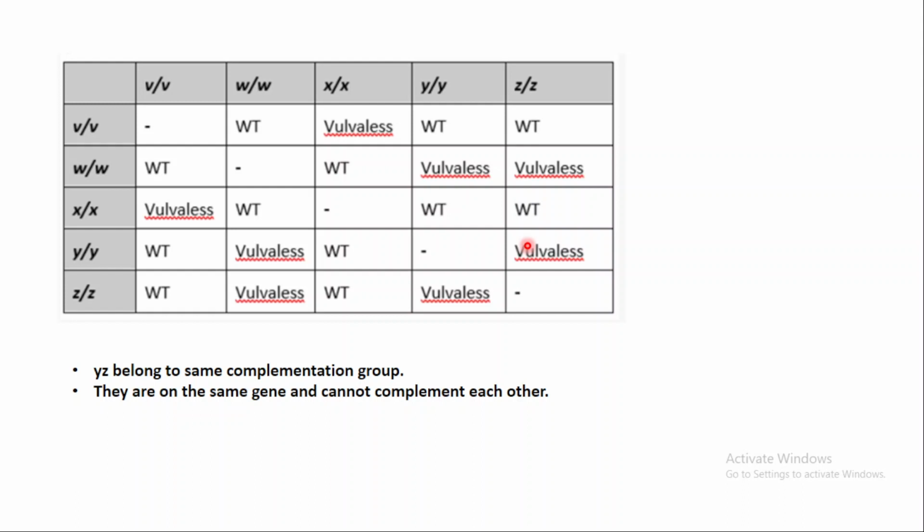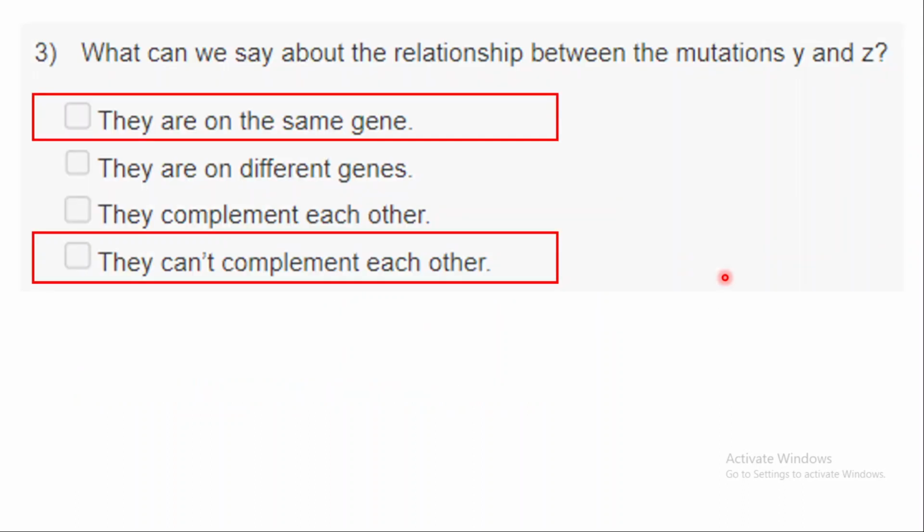Let's say a gene is producing a protein which is responsible for formation of the vulva. Now the gene has a mutation Y where the protein is not produced, therefore we do not have the vulva. Now the gene has another mutation Z which is producing a mutant form of protein, that's why we do not have the vulva. It is affecting the same protein, the same gene. That's why they are in the same complementation group, and they cannot complement each other.